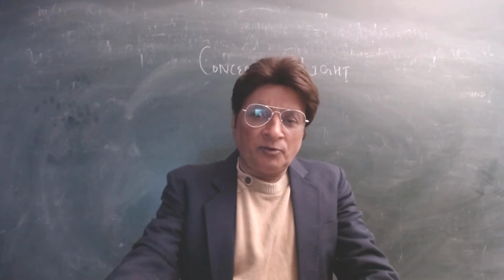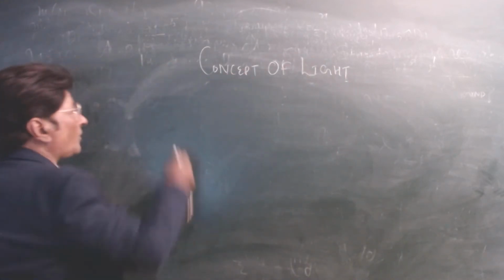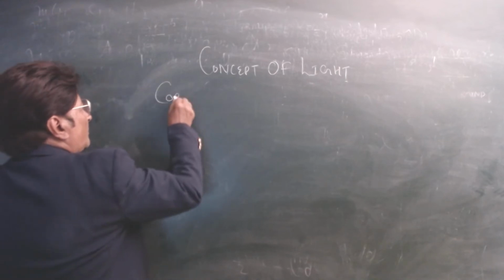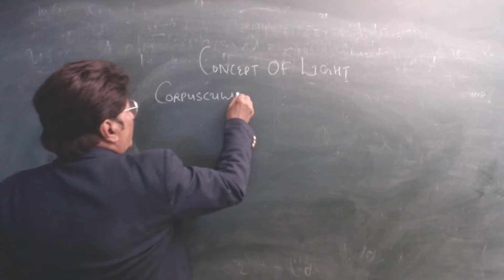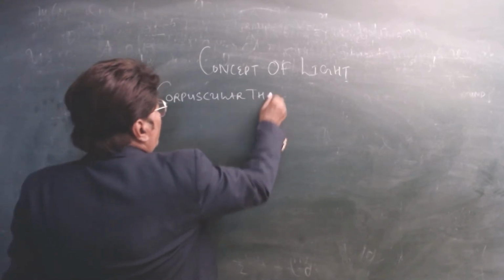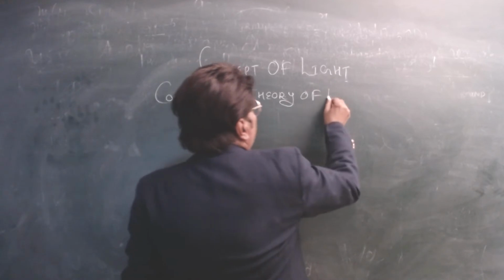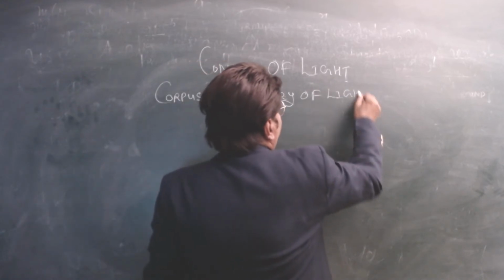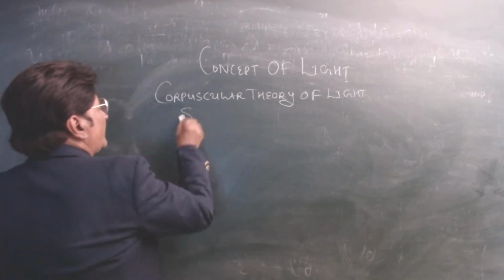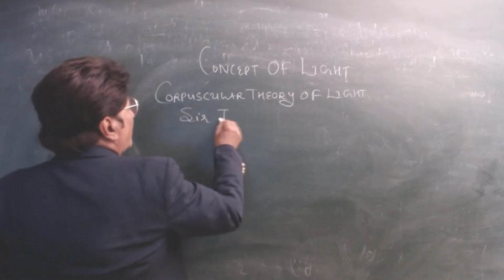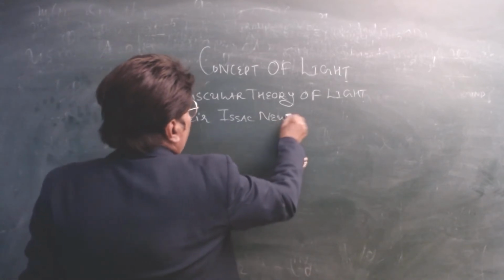The name of the theory is Newton's corpuscular theory of light, or it is also known as the corpuscular theory of light. Basically it was put forward by Sir Isaac Newton, right?